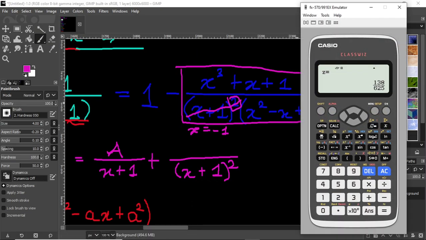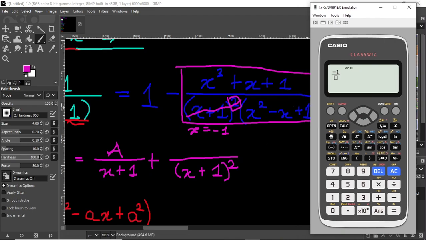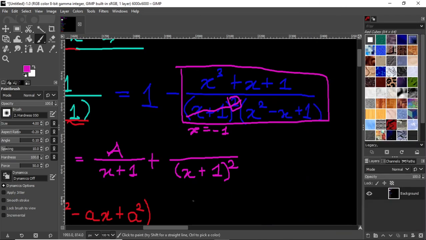Minus 1 plus 1, so that's minus 1, divided by 1 plus 1 plus 1, so that's 3. I didn't need the calculator actually, so that's just minus 1 by 3. That one is done.